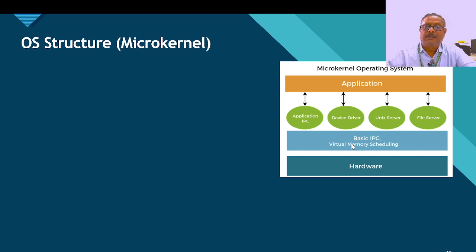Only the basic things are defined under the kernel, and all other things are defined separately. The common things applicable for all the functionalities are defined under the microkernel.